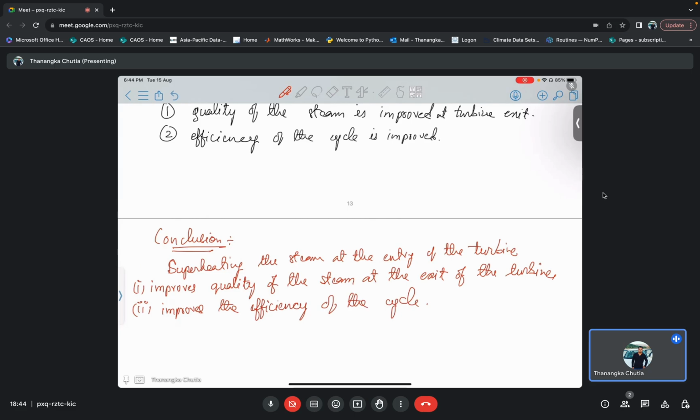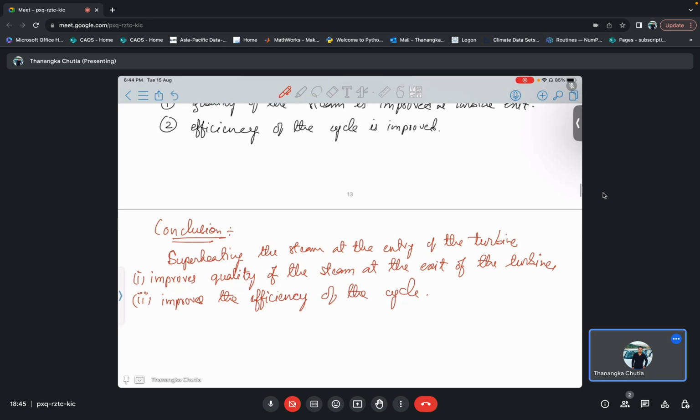Okay. So these are basically the two conclusions, that if you superheat, the quality of the steam is improved. If the quality of the steam is improved, that means the erosion of the turbine blades will not happen as compared to the previous case. Okay, and the second case is that your efficiency of the cycle is improved.